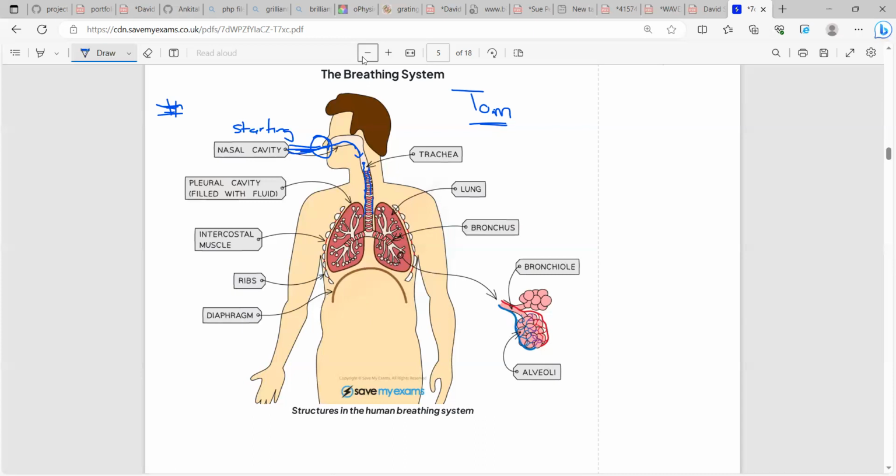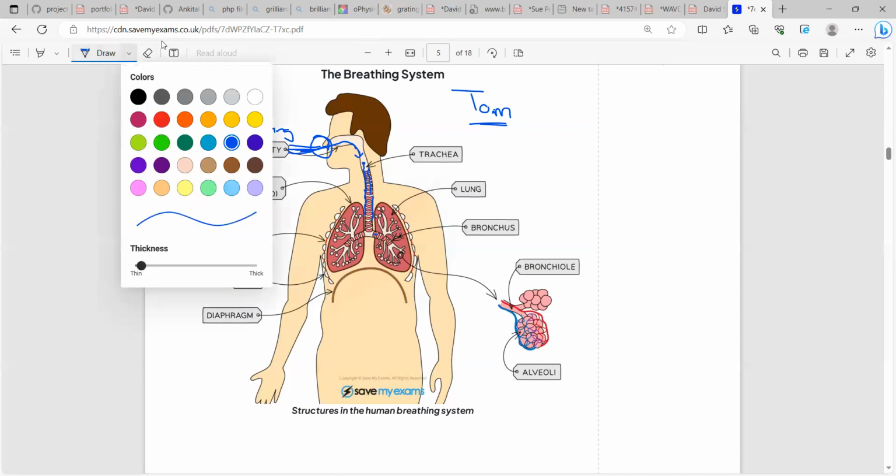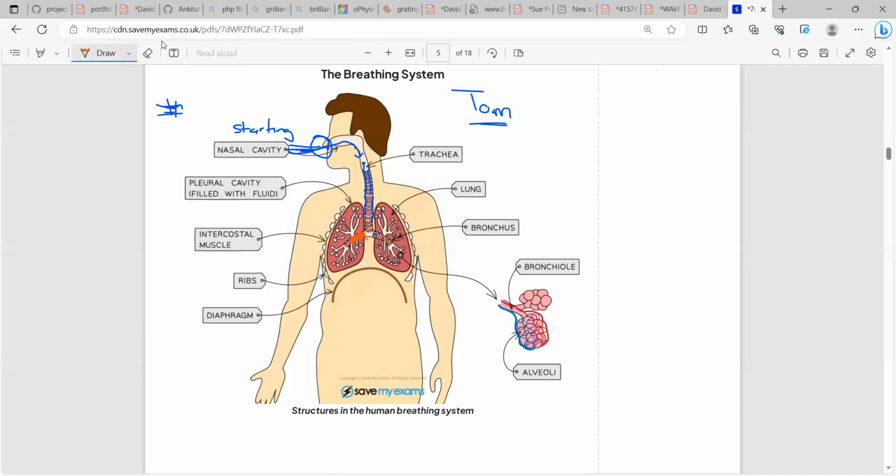And then from the trachea, we have this that forms a Y-shape or a T-shape. We call that the bronchus, right?